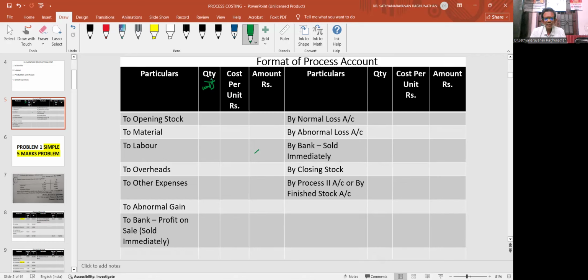If it is quantity, we cannot say cost per quantity, because there is no such concept as per quantity; we only say cost per unit. At the max, if there are units here, it will be sufficient. So: particulars, units, cost per unit, amount.